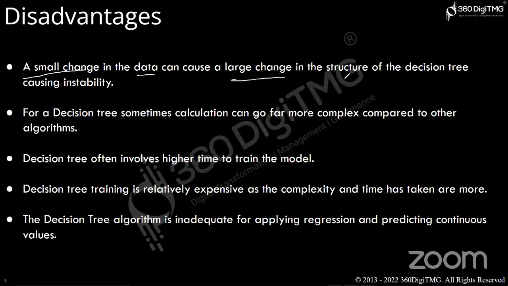The whole decision tree will change if there is a small change in the data. Thus, it is very unstable in that sense. Then, the calculation can be very complex compared to other algorithms. So it is a very complex model. And due to this property, it generally overfits.